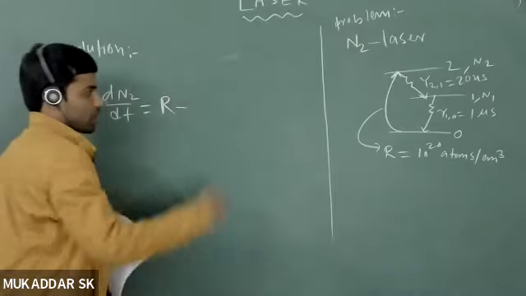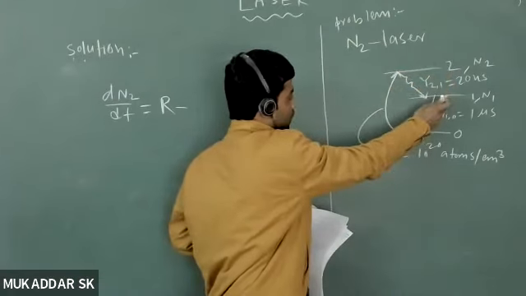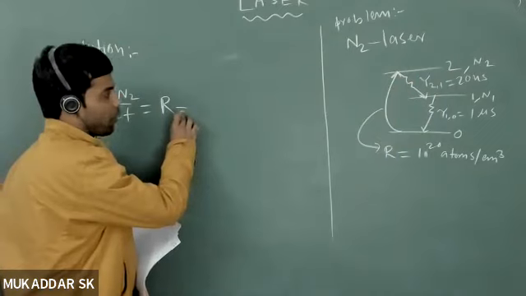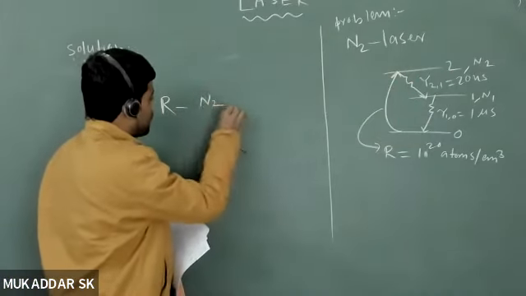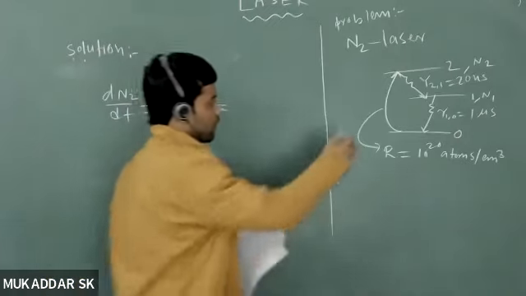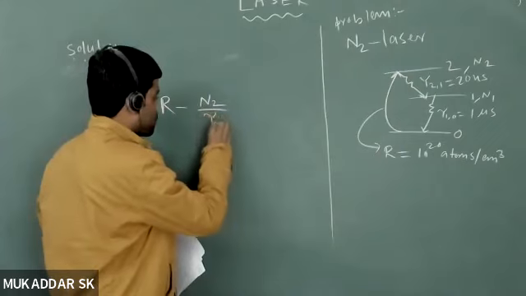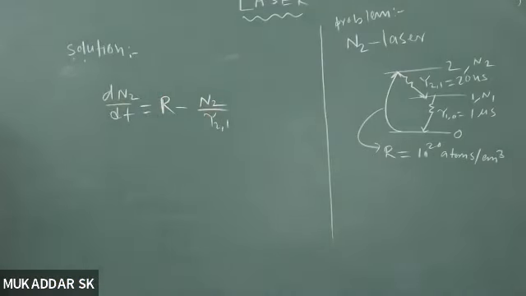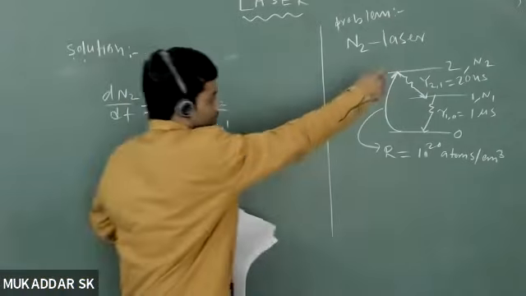But the decay from 2 to 1 will decrease the population of level 2, so I'll use a minus sign, at a rate of the population at level 2 divided by the lifetime of this decay process, that is tau of 2,1. So this is the total rate of change of population of level 2.